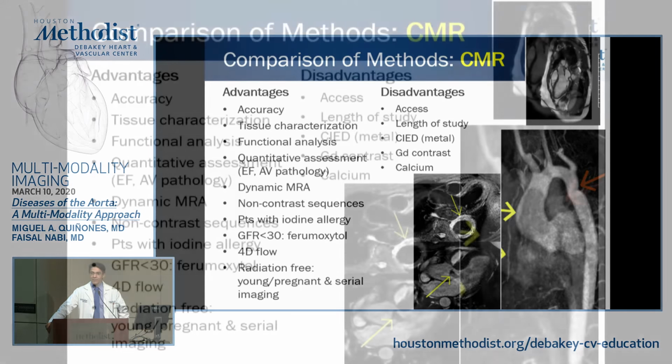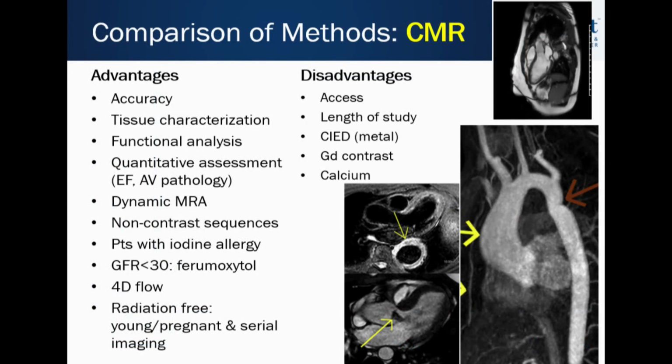And then we have the ability to do dynamic MRA, and what I specifically mean by that is time-resolved MRA, where you can actually see the perfusion of blood, and that may be very important in cases, for example, of aortic dissection. We can use CMR in ways completely without contrast, and of course, if your patient is allergic, this can be a definite test.